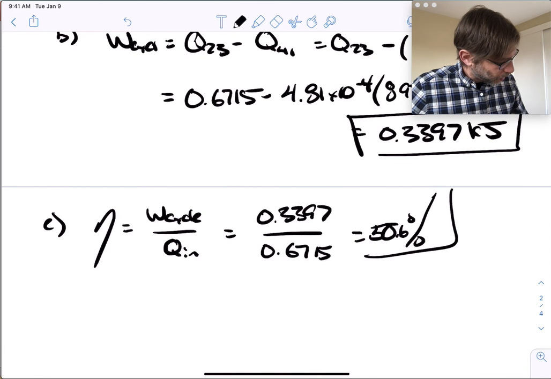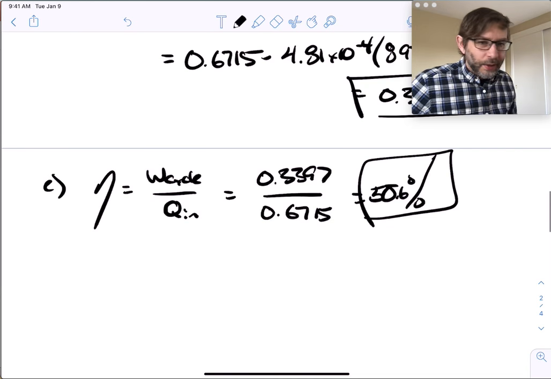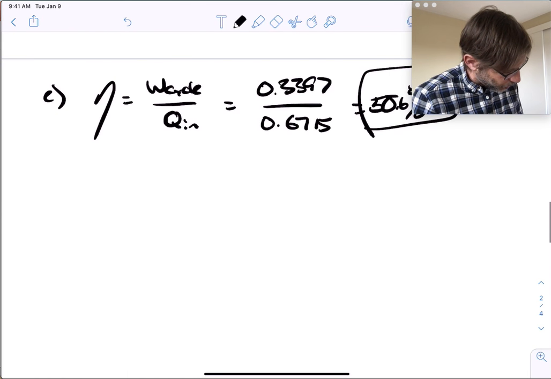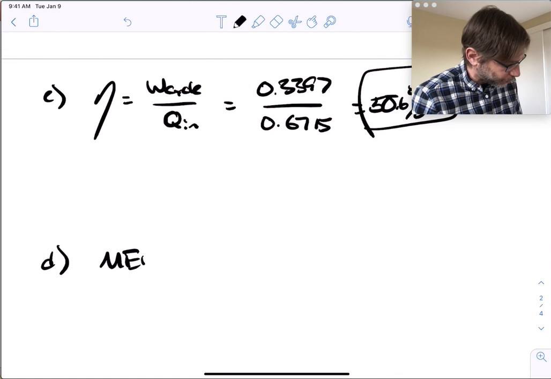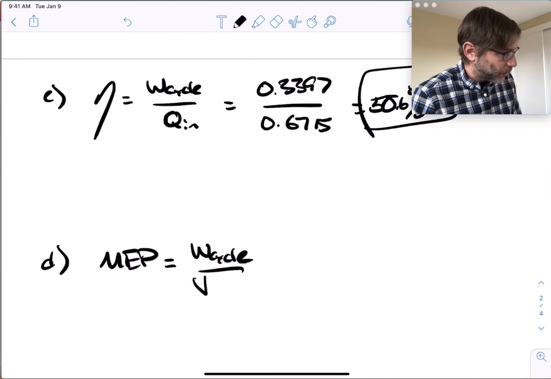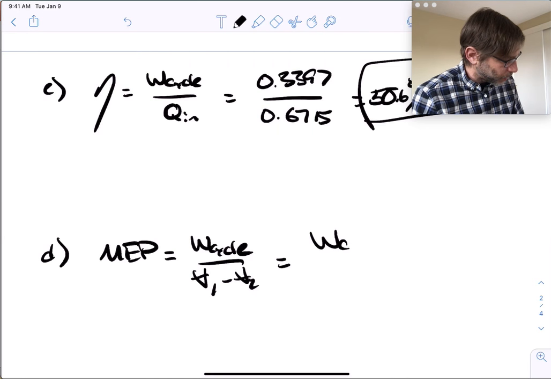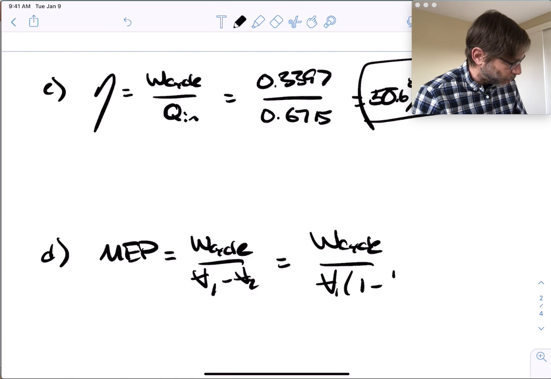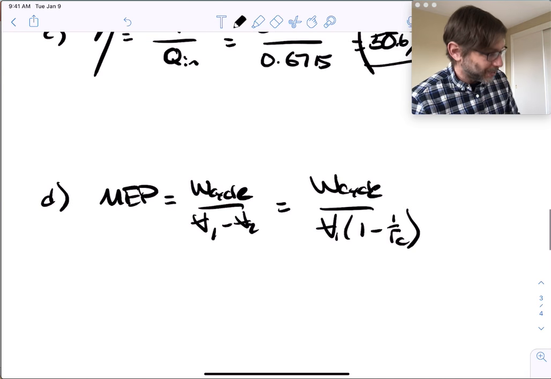That's pretty high. Okay, let's just do a quick thing. First let me just put this here. So I'm going to put mean effective pressure, as we said, is the work of the cycle over V1 minus V2, and we know that this is work of the cycle over V1 minus V2 over V1, and V2 is the smaller, so 1 over compression ratio, which is 8.